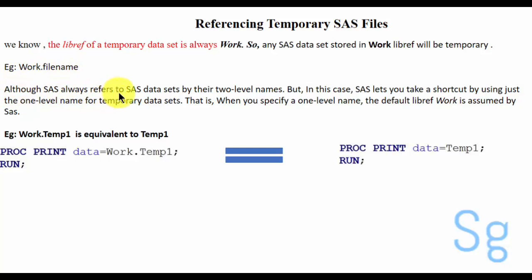Although SAS always refers to a SAS dataset by its two-level name, in this case SAS lets you take a shortcut by using just the one-level name for temporary datasets. That is, when you specify a one-level name, the default libref work is assumed by SAS. As here, work.temp1 is equivalent to temp1.